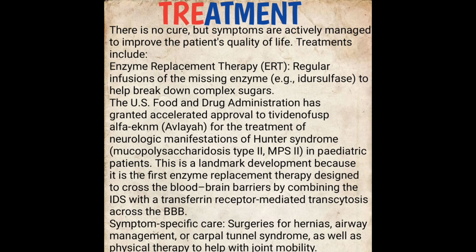blood-brain barrier. Symptom-specific care is also done, where you do surgery for the hernia, airway management where the airways are affected, or for carpal tunnel syndrome, as well as physical therapy to help with joint mobility. So these are all efforts in terms of treatment that can be done.